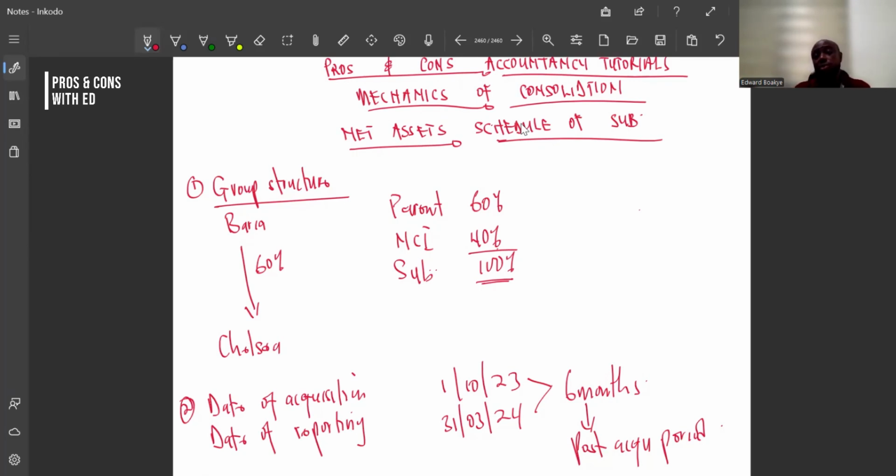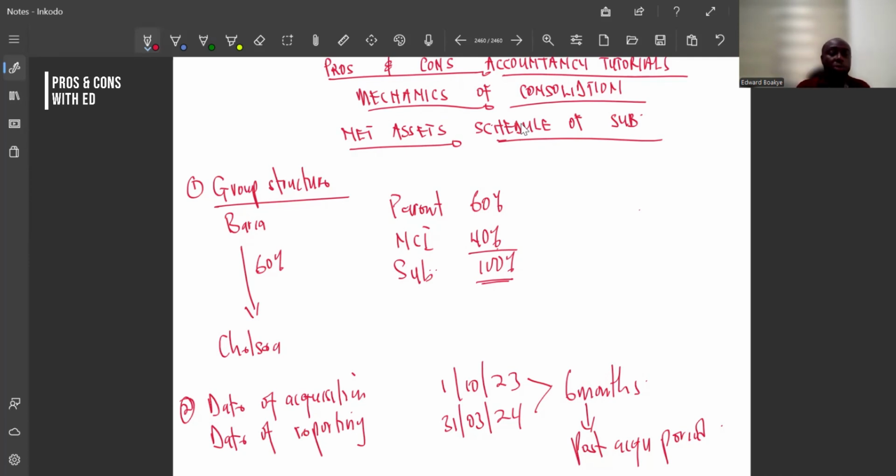So today we are going to use a scenario, right? A full question, which is on P or L, but our focus will be on the net asset schedule. But aside that, we will make sure we start because for now we've done about four mechanics, which is the group structure, the acquisition date and reporting date, the consideration, and we've also done the net asset schedule.